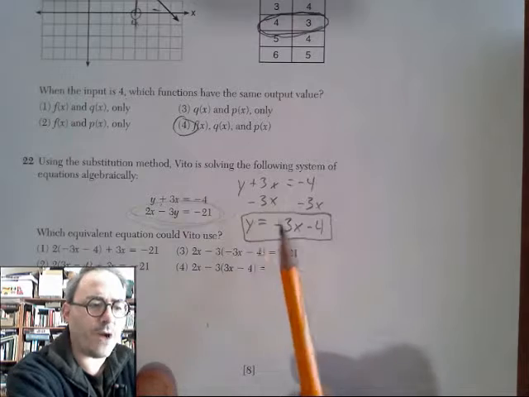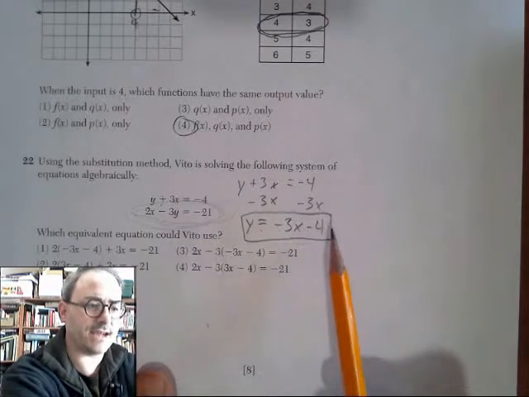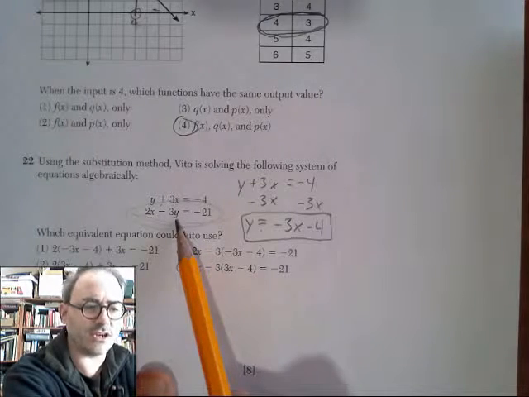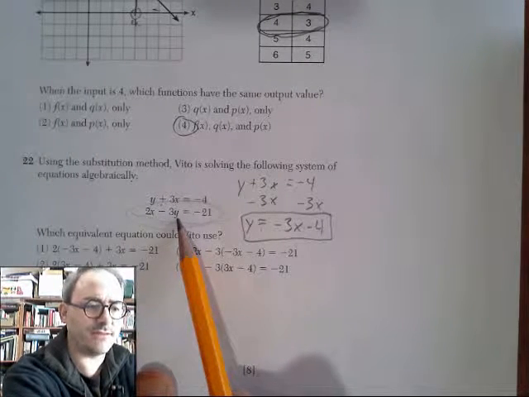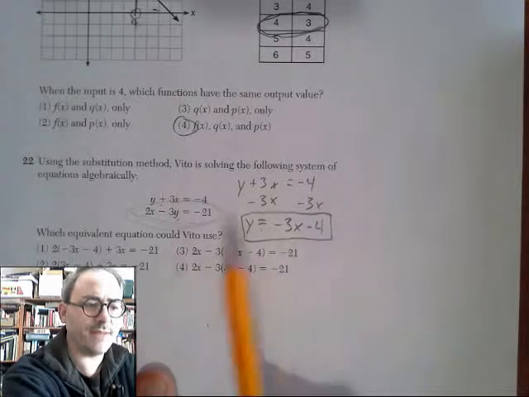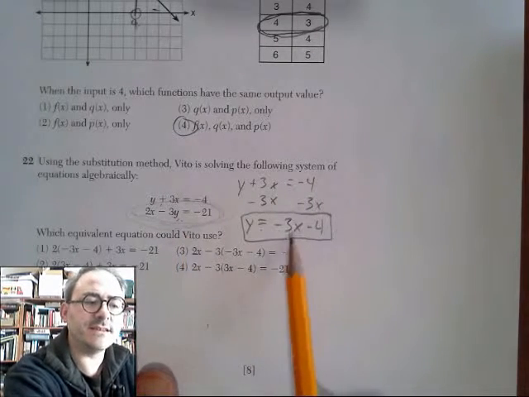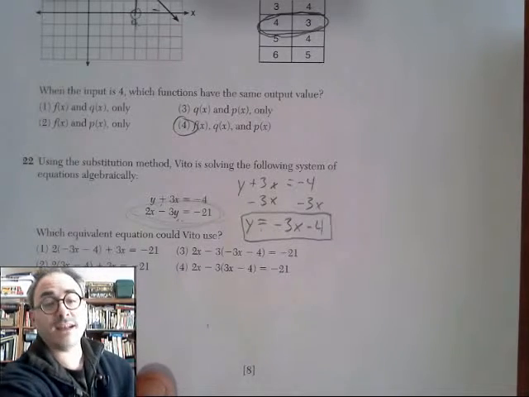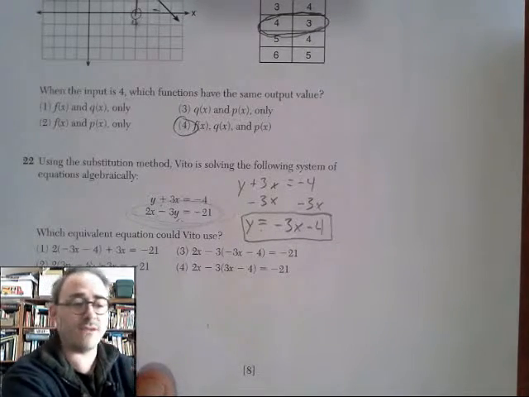Once you know that y equals negative 3x minus 4, wherever you see a y in your base equation, you're going to substitute the expression negative 3x minus 4, right? If you know that y equals negative 3x minus 4, then you can substitute negative 3x minus 4 in for y wherever you see it.